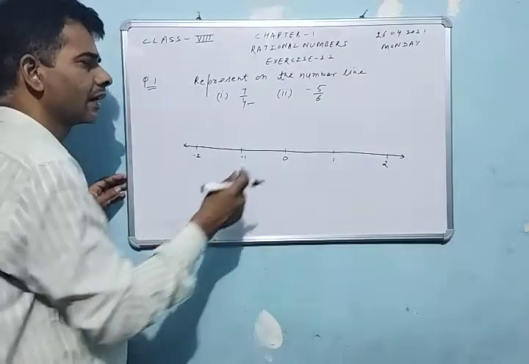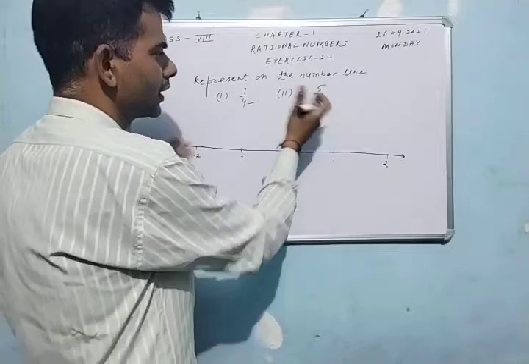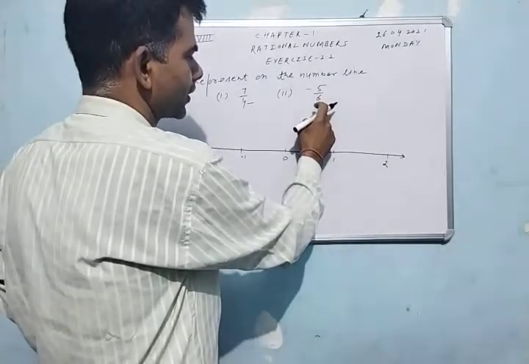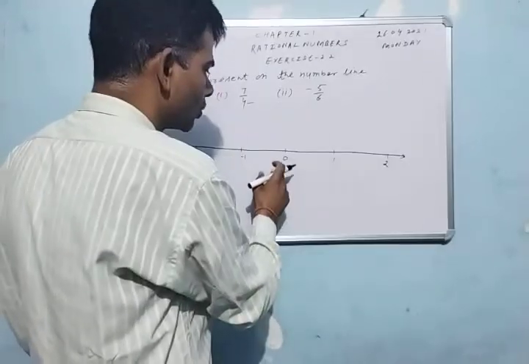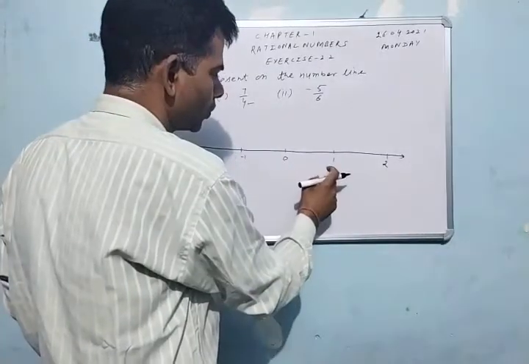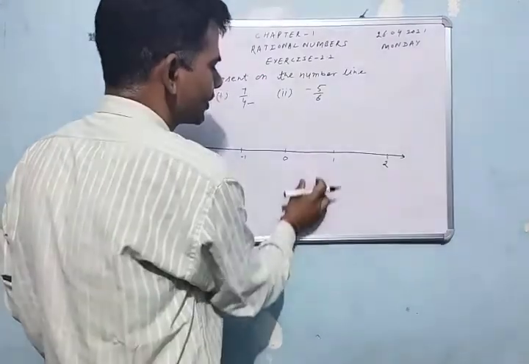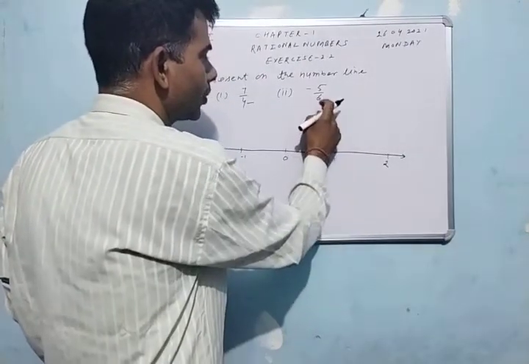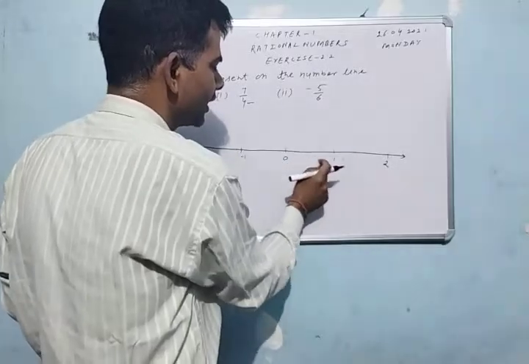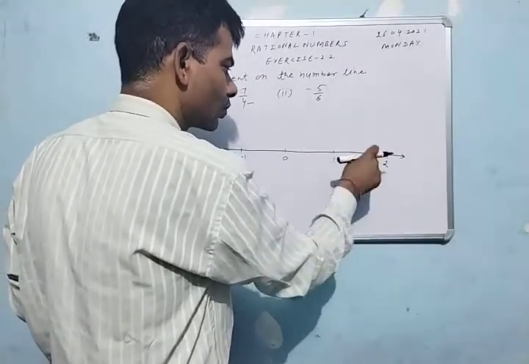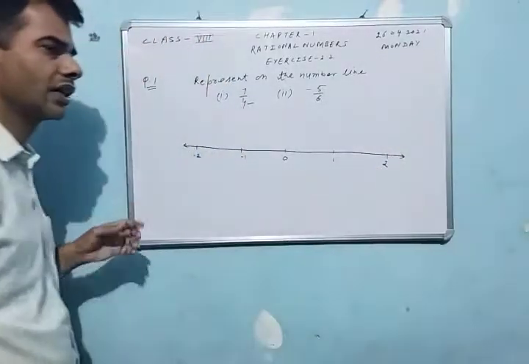Students, if the denominator is 6, we will divide 0 to 1 into 6 equal parts, and 1 to 2 is also divided into 6 equal parts.